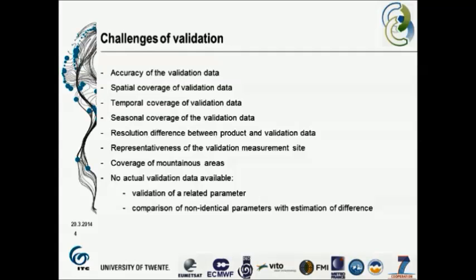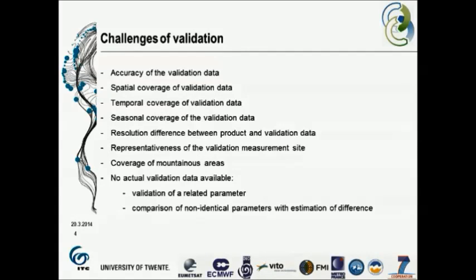And then the real problem for surface albedo validation: there is no actual validation data available. As I said, for black sky albedo, we cannot measure it on the globe. If we were living on the moon, we could measure it in situ, but not on the globe because of the atmosphere. So then we have to think about something else.